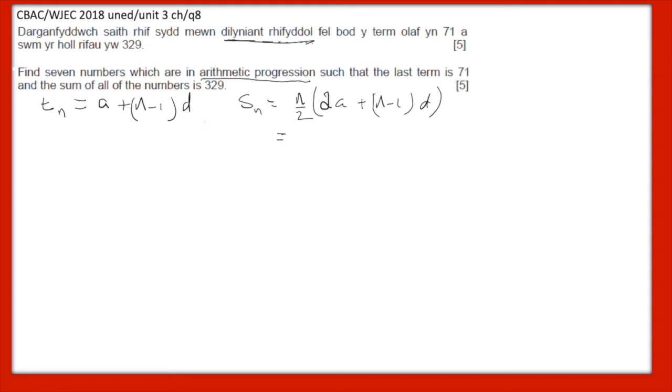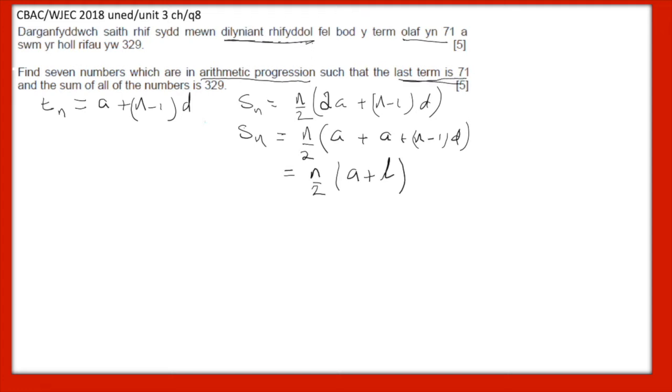And what most people forget, or don't ever actually realize, is that this means that a rather different way of doing this would be to approach it by n over 2 (a plus l), where a is your first term and l is your last term, because in this particular case I know the last term is 71.